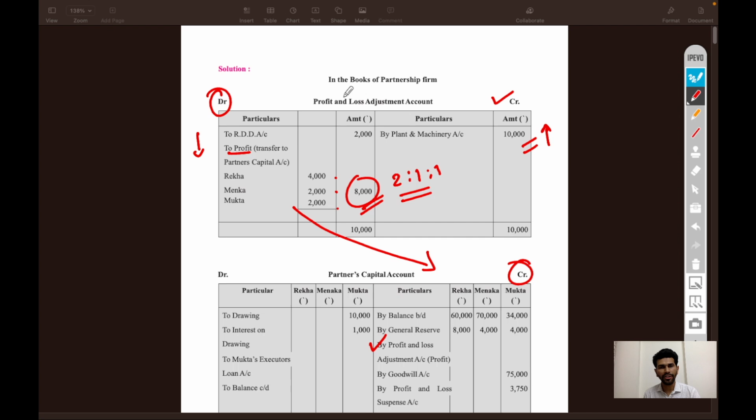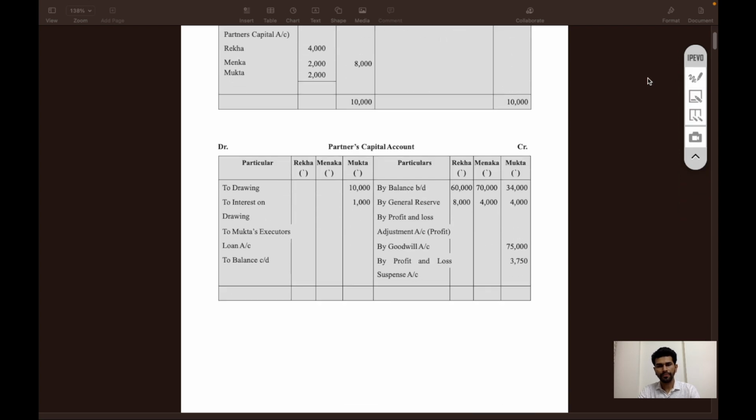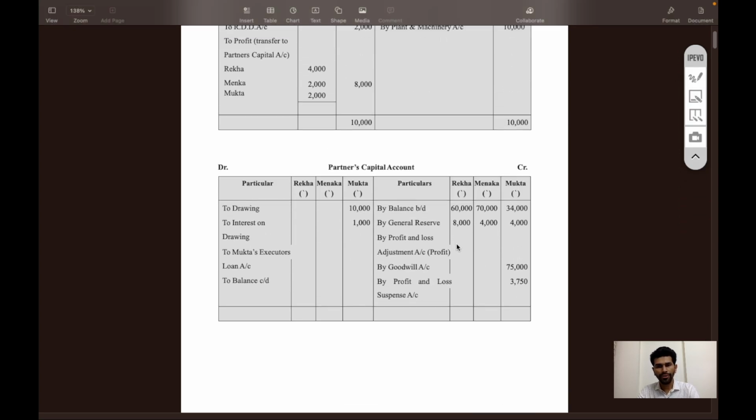In profit and loss adjustment account, we will write to partners capital account, and on partners capital account credit side, we will write by profit and loss adjustment account. So the amount is 4,000 rupees for Rekha, 2,000 rupees for Menaka, and 2,000 rupees for Mukta.